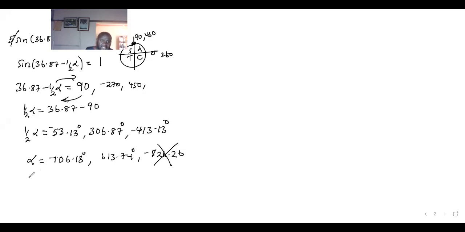So still we get the same answers, and then you convert them to radians, which still give us the same answers as a negative 0.59 pi and 3.41 pi, same answer.